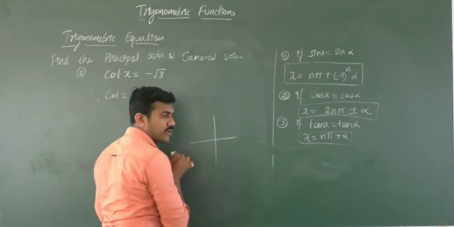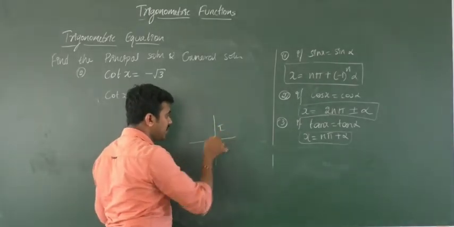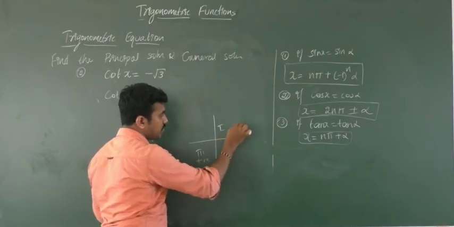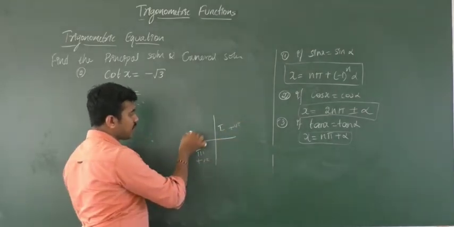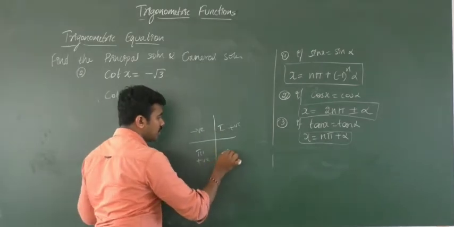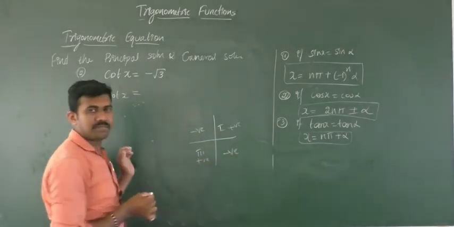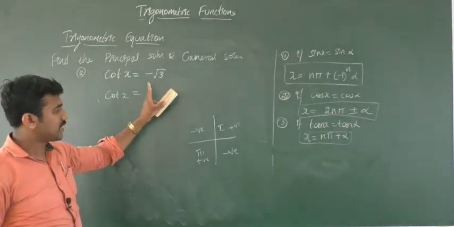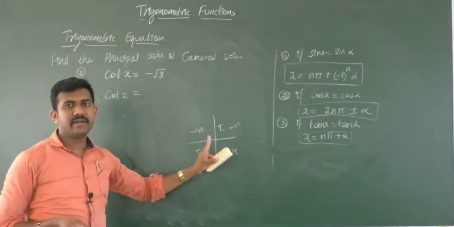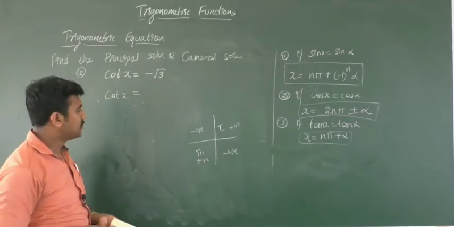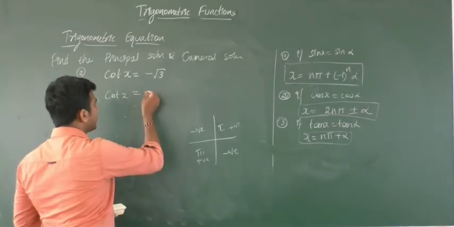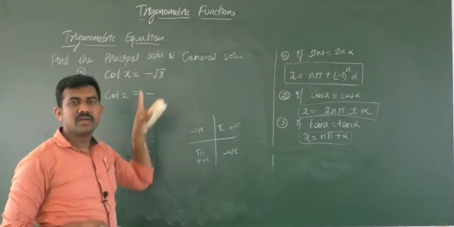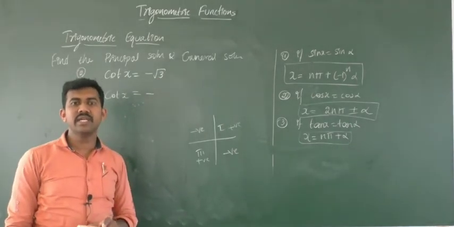In which quadrant is cot negative? In the first and third quadrants cot is positive, but in the second quadrant cot is negative, and in the fourth quadrant cot is negative. So the principal solution of this must lie in the second and fourth quadrants. So in the second quadrant, how will we get it? Minus, right, as it is root 3. When does tan take the value root 3?